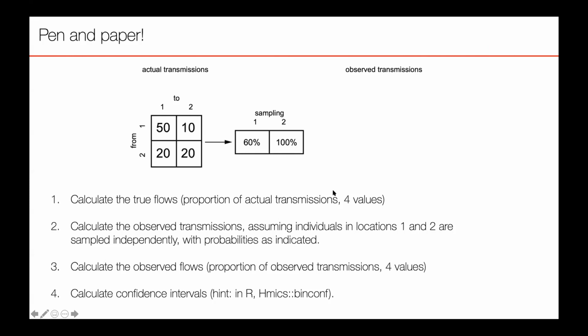we looked through what the numbers of observed transmissions are going to be. I guess the most straightforward case is if we're sampling 100% of site 2, then we should see all the transmissions from individuals in site 2 to site 2.